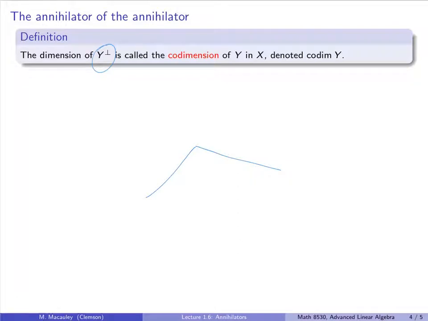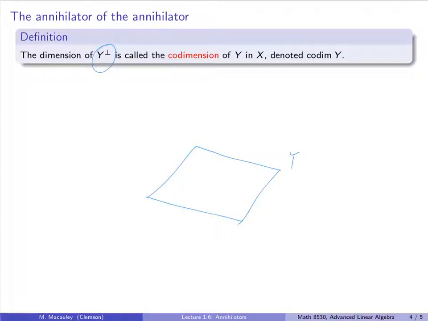And indeed, if you have a subspace y, then the annihilator y perp is a set of linear functions, which, think of y as column vectors and y perp as row vectors. And so that row vector, thinking of it as a function of a column vector being 0, just means that those vectors are orthogonal.